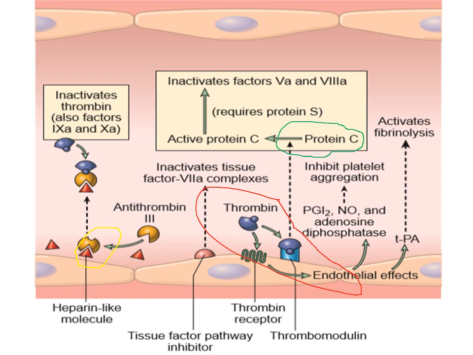When thrombin is inactivated, again the same coagulation factors which I mentioned, factor 9, 10, 11 and 12, are inactivated. Fourth important thing that was mentioned in the previous slide was tissue factor pathway inhibitor.